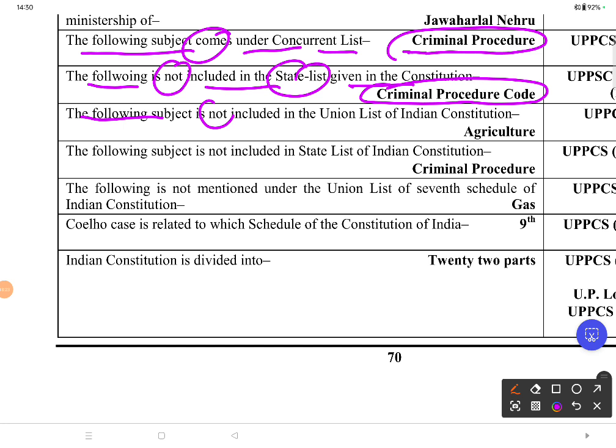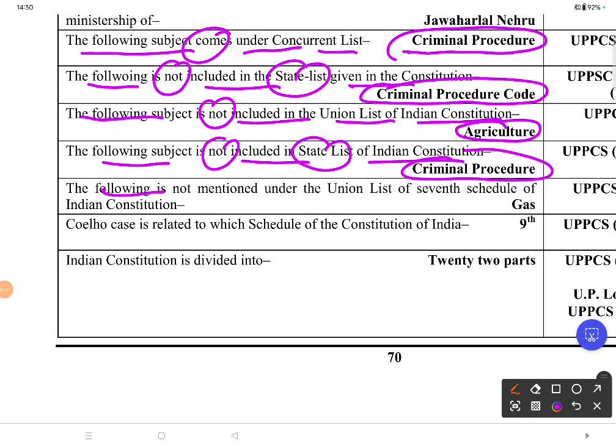The following subject is not included in the Union list of the Indian Constitution, that is agriculture. The following subject is not included in the state list of the Indian Constitution, that is criminal procedure. The following is not mentioned under the Union list of the 7th schedule of the Indian Constitution, that is gas.